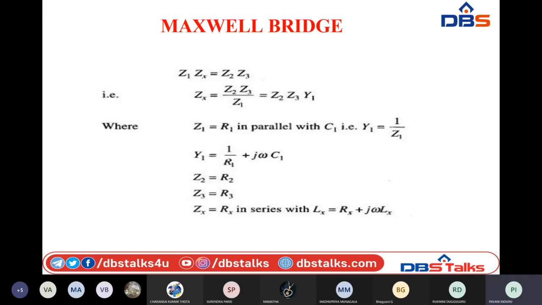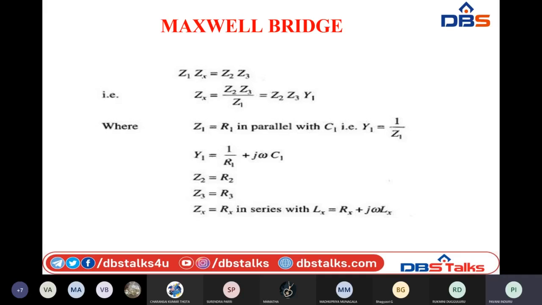And on the other arm, we have only a resistor, that is Z2, and the Z3 value is again another resistor itself, that is R3. And for Zx, we have one more impedance available here, that is nothing but Rx in series with the inductor. So the expression for Zx is written like Zx equal to Rx plus J omega Lx.